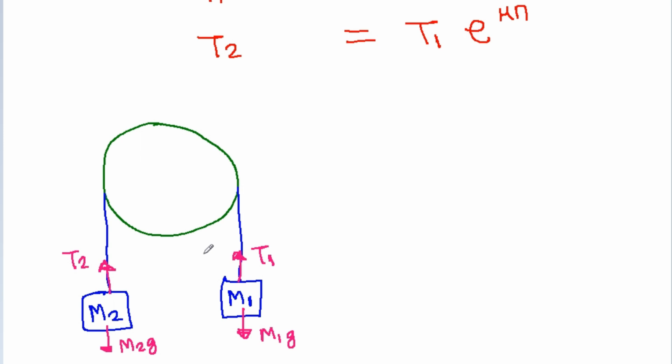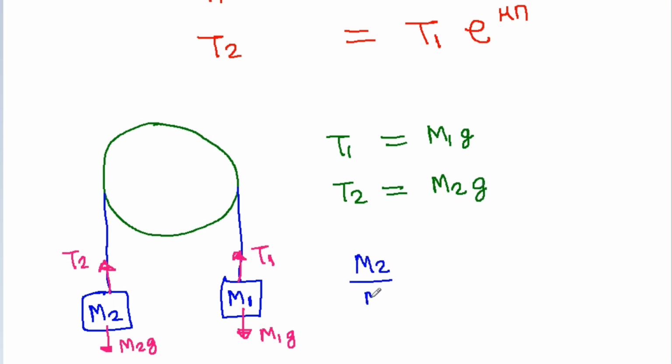Since it is balanced, T1 is equal to m1g and T2 is equal to m2g. So we can say that m2 by m1 is equal to T2 by T1, that is equal to e power mu pi. So this is the answer.